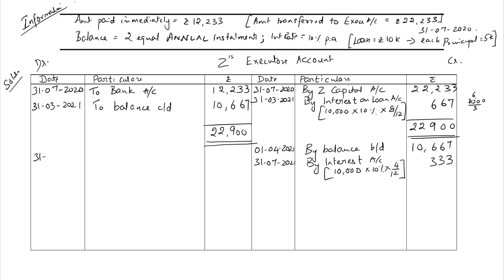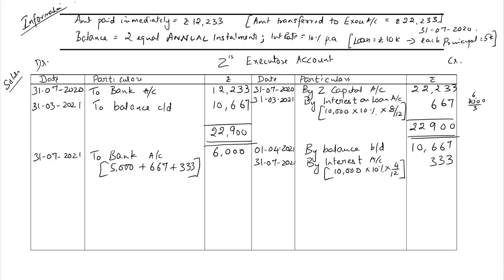And on the same date, that is 31st July 2021, we'll pay the first installment along with the interest. So the principal amount is rupees 5,000 plus the interest 667 plus 333 comes to 6,000 rupees.